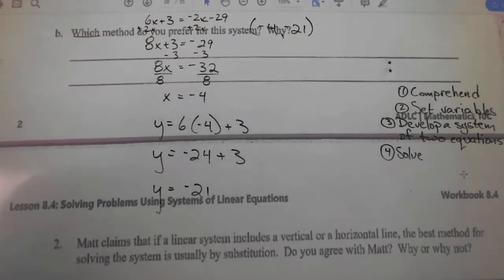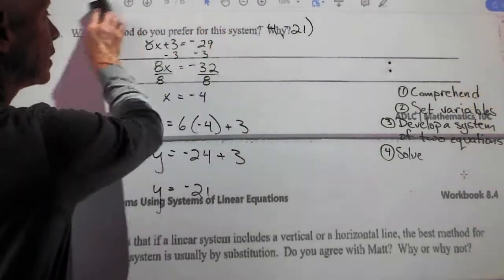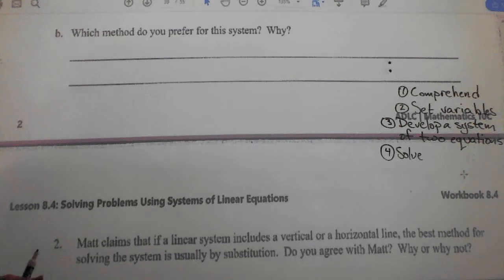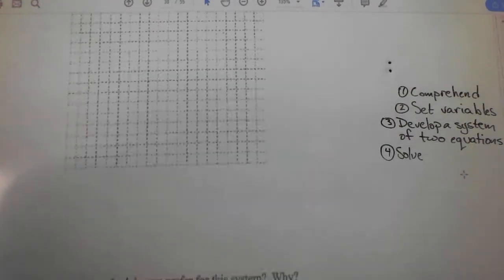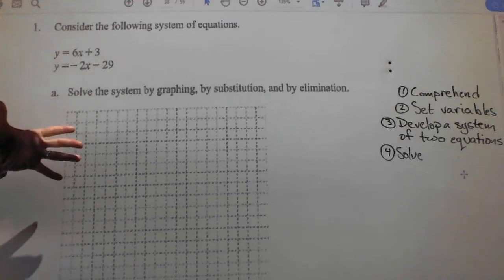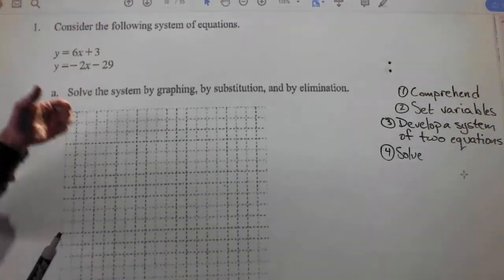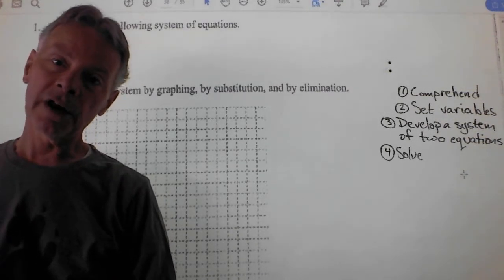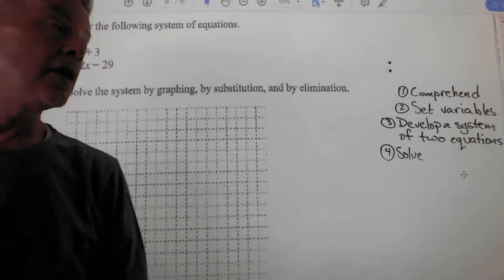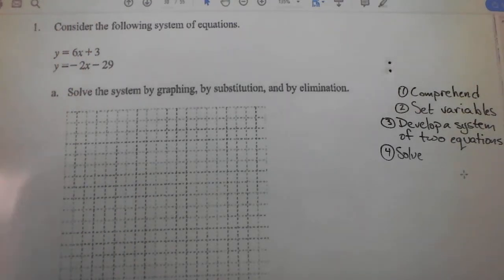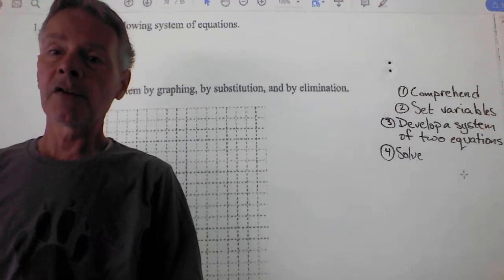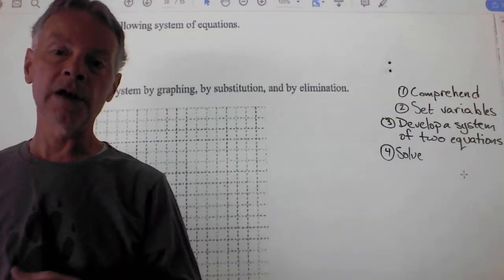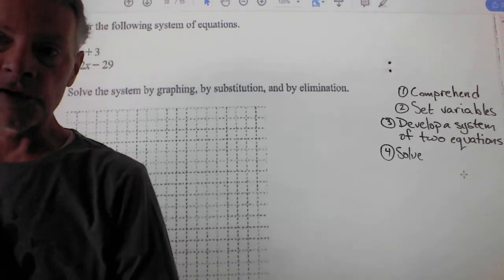We'll move on to the next question, which says, which method do you prefer for this system? Well, that's totally up to you. In the case of this one, if you like graphing, these are already isolated for y, so you can easily plug them into your graphing calculator. Also, if you like substitution, as we used, they're isolated for y, so you have one of your variables with a coefficient of 1 and it's isolated already, so that makes substitution pretty easy.